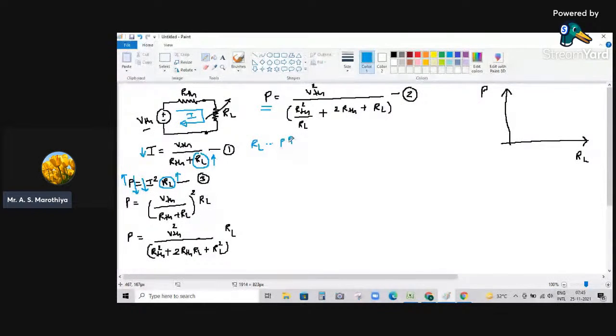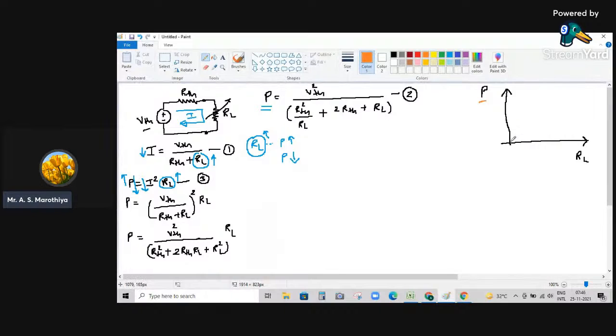But this pattern will continue up to a certain point. After that, if we further increase the value of RL, because now the current is dominating in nature, it will try to reduce the value of power. So if you apply this logic, the graph between power versus RL is going to be like this.